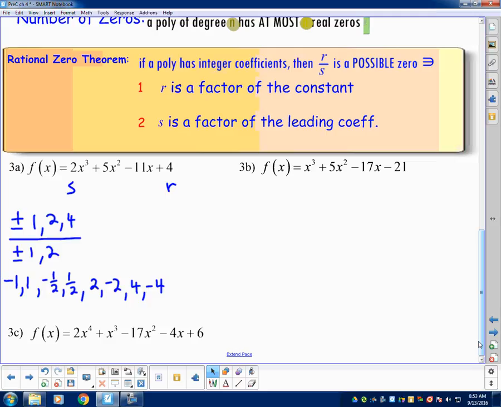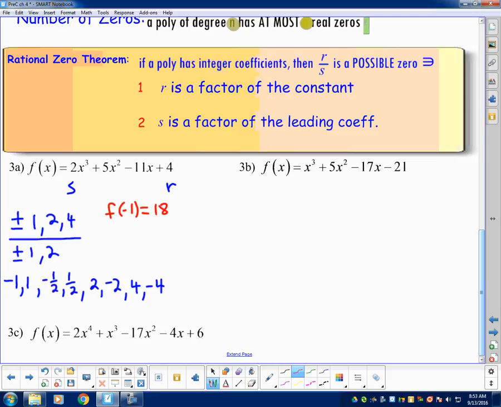You're trying to see which one's easy. For example, let's test f of negative 1. I don't want to have one that works on the first try, so I put negative 1 here first. So f of negative 1, when you plug that in, you get negative 2 plus 5 is 3, plus 11 is 14, plus 4 is 18. I get 18. So what does that mean about the factor x plus 1?